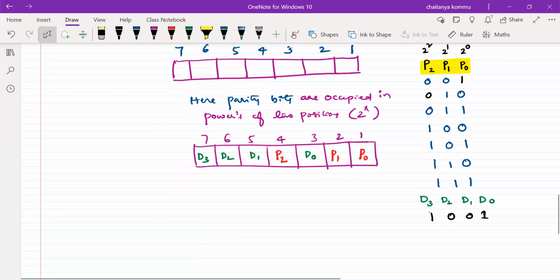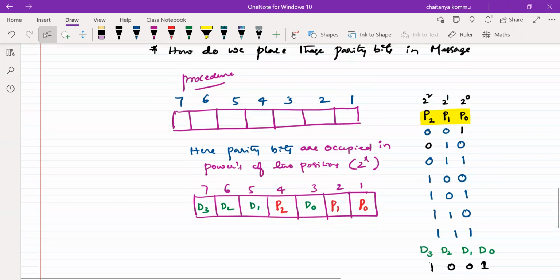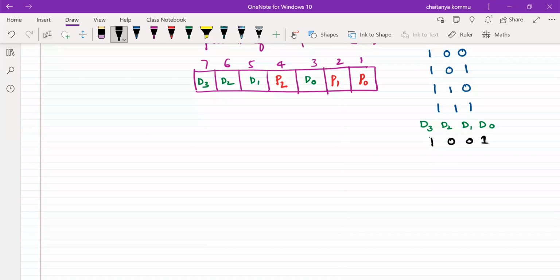So far, so good. Now, for the message information, I have already taken 1001. But how do we calculate and give the values to P0, P1, P2? So the third question is how do we give values to the parity bits, the parity positions.